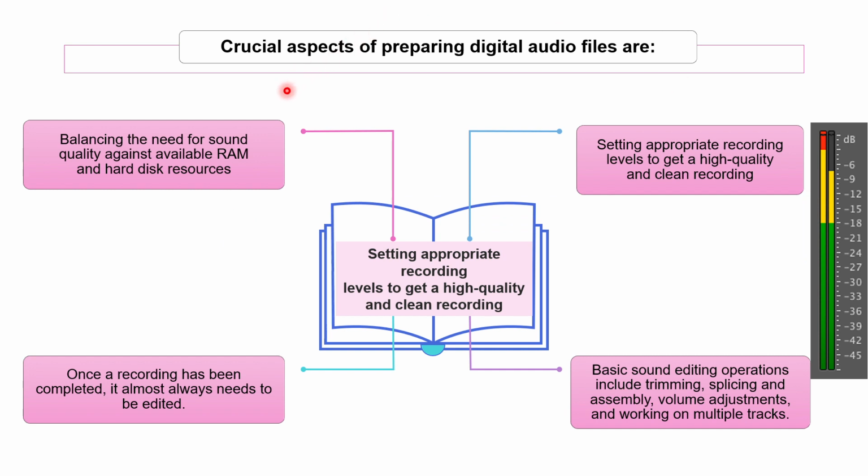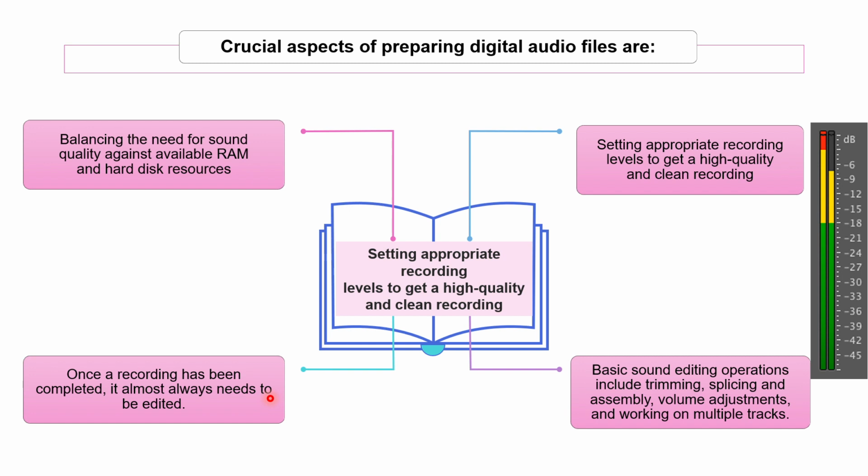We continue with the crucial aspects of preparing digital audio files. First one would be balancing the need for sound quality against available RAM and hard disk resources. Second one, setting appropriate recording levels to get a high quality and clean recording. Third one would be once a recording has been completed, it almost always needs to be edited.